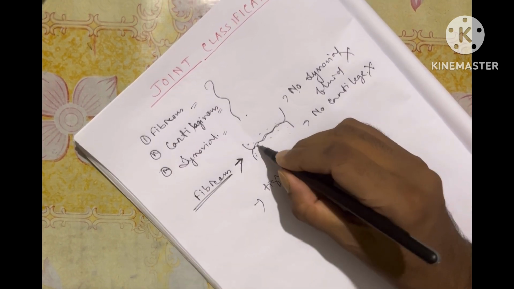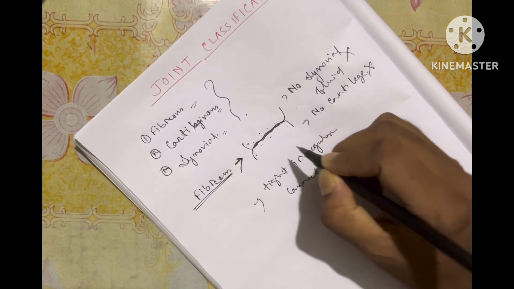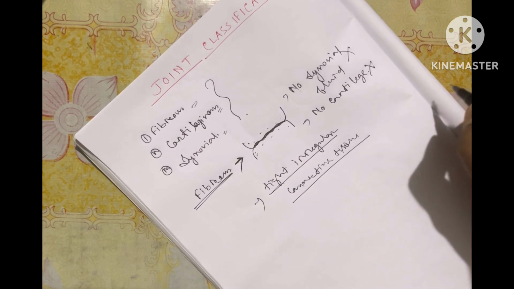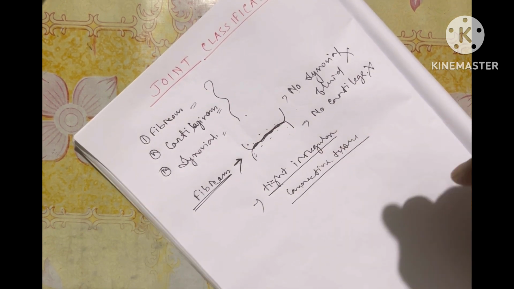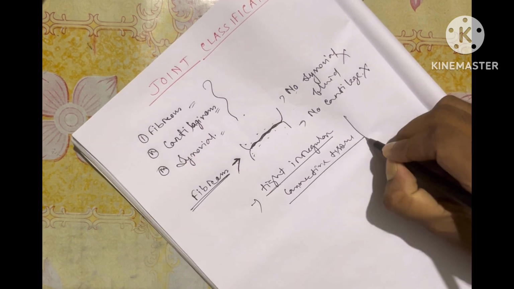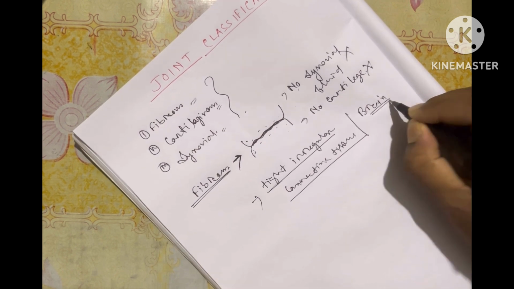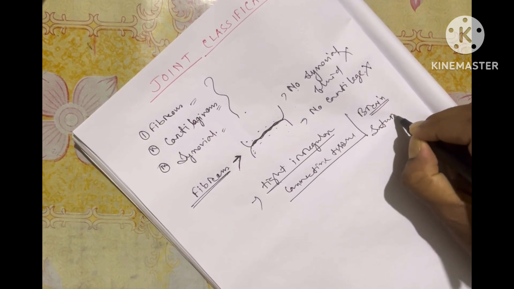So if both the bones are connected by some kind of tight, irregular connective tissue, then that kind of joint is called a fibrous joint. One of the major examples is in our brain. In our brain we have different sutures.